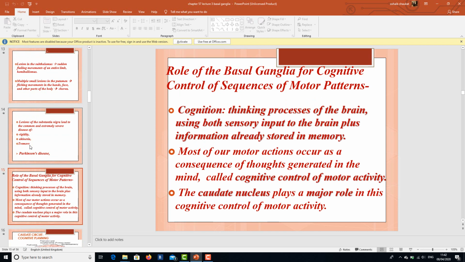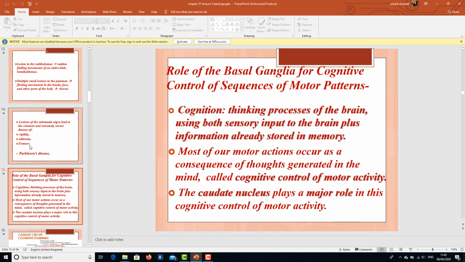Now, the role of the basal ganglia in cognitive control of sequences of motor patterns. Cognition, what is it? It is the thinking process of the brain using both the sensory input to the brain plus the information already stored in the memory.